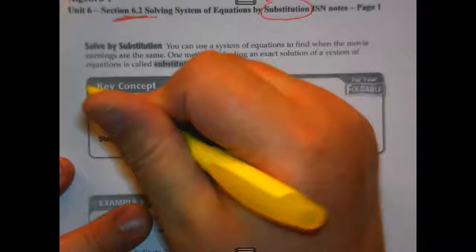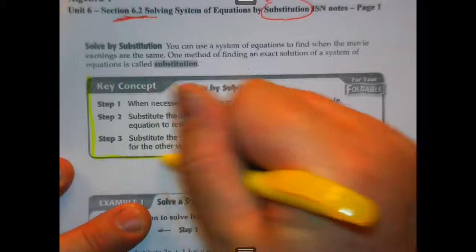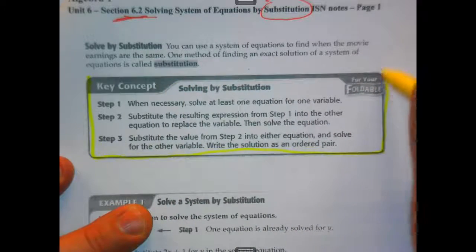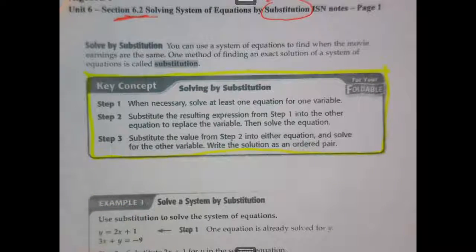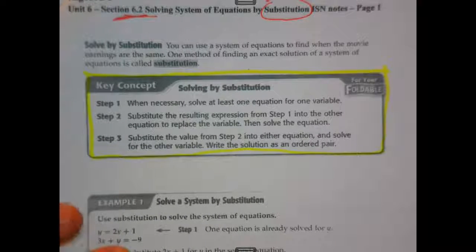Step 1. When necessary, you have to get one of the variables by itself. Most students are used to getting y by itself, but there are times when getting x by itself might be easier, so be careful with that.